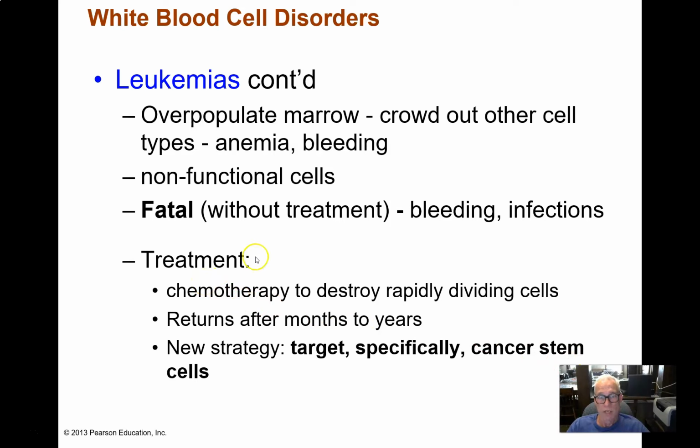Well, the treatment historically has been to find drugs that will kill those abnormal cells without destroying the rest of the cells in your body. And that's a pretty great trick, right? And so we've made a lot of progress in finding drugs that will knock back those blooms of abnormal cells.